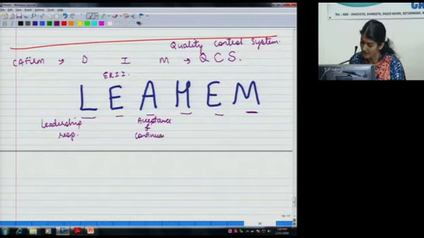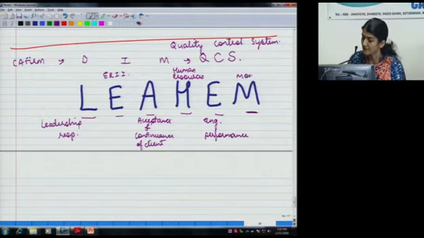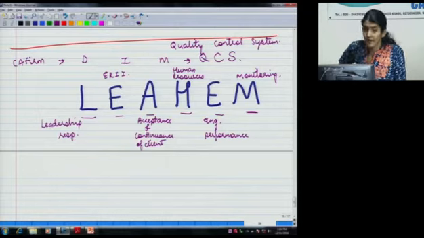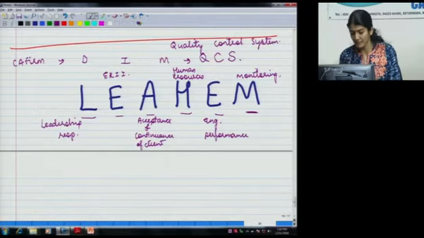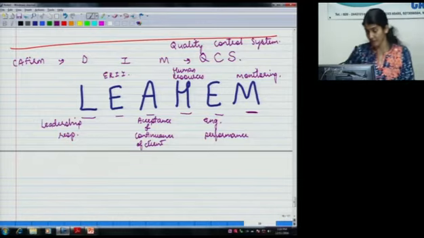Then human resources. Then engagement performance. And the last one is monitoring. So 6 elements of the quality control system in the CA firm.